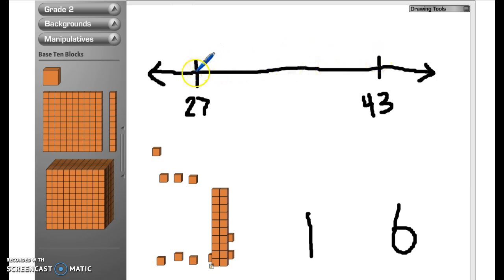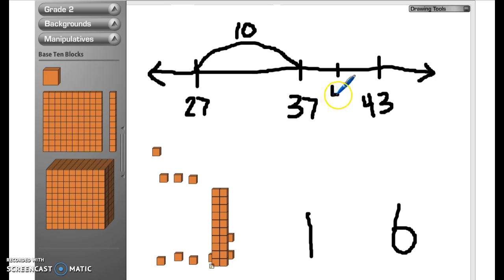So I know that I can start at 27, and I know I can go up 10. Let's say this is about 10 here. So if I jump from 27 and I jump 10 more, this is going to give me 37. So that was 10. And I also know going from 37 to 40 is 3.